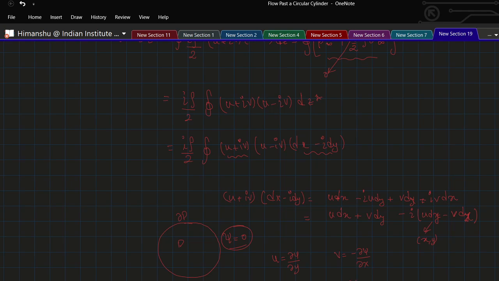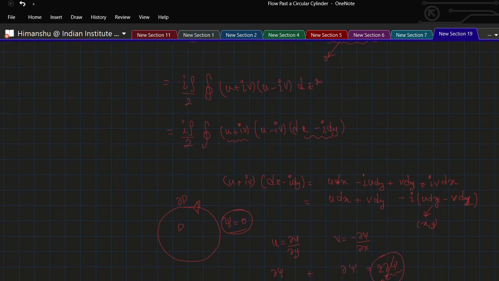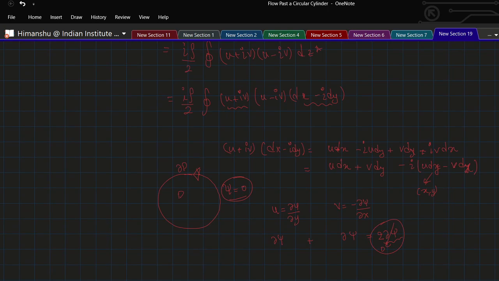Since psi is constant along the contour, that's our definition of a streamline, d psi is not changing along the contour, so we get this term as 0 and we'll be just left with u dx plus v dy.